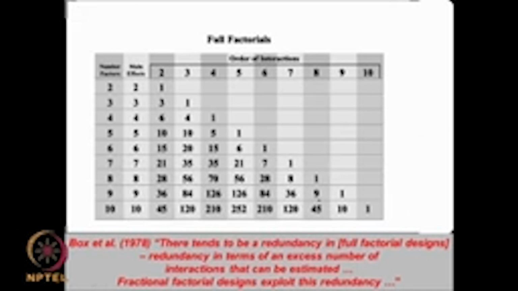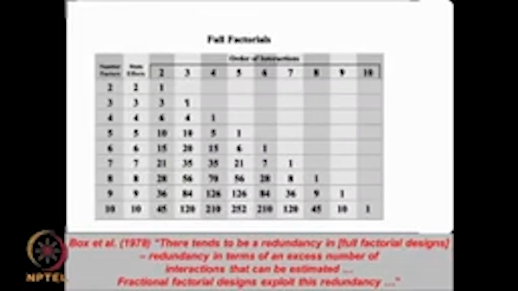So, the advantage is that we can look at the interactions. If you have 3 factors, 2 raised to the power 3 design, 8 experiments, we can look at interactions AB, AC, BC. In addition, we can also look at the 3-way interaction, that is ABC.